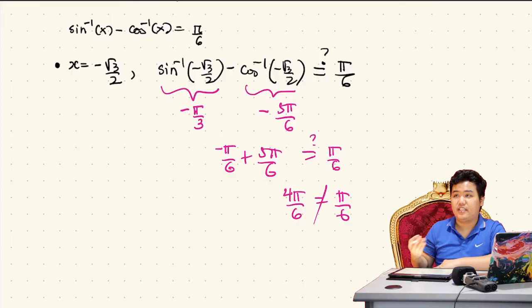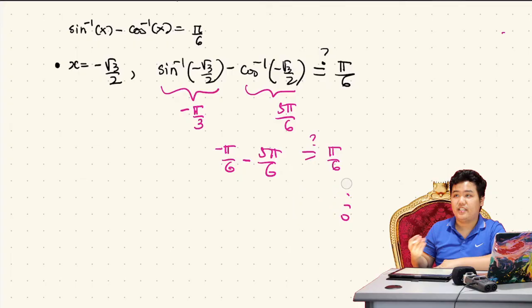Tama ba? Negative 5 pi over 6 ito. Check nga natin. Kung theta is cosine inverse negative square root of 3 over 2. Cosine is oh, it's 5 pi over 6. Okay, sorry. So, dapat ito minus. So, if we subtract, we get negative, oops, mali pa ako, minus.